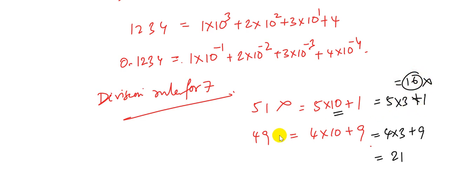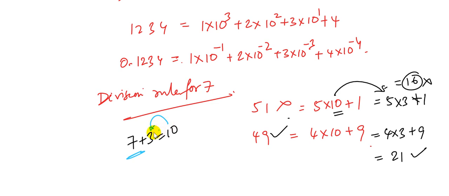Now, 16 is not divisible by 7, so that is why 51 is not divisible by 7. 21 is divisible by 7, so 49 is divisible by 7. Now, you can ask me, why am I replacing the 10 with 3? I am changing the base of the number from 10 to 3. Why am I doing this? Because 7 plus 3 is 10. So, when I am testing for divisibility by 7, I have to change the base from 10 to 3.